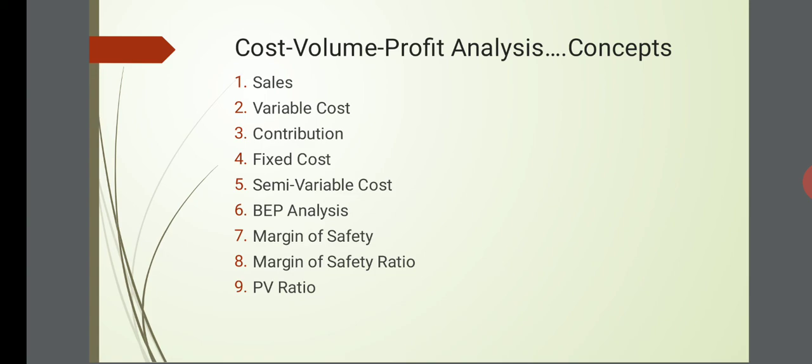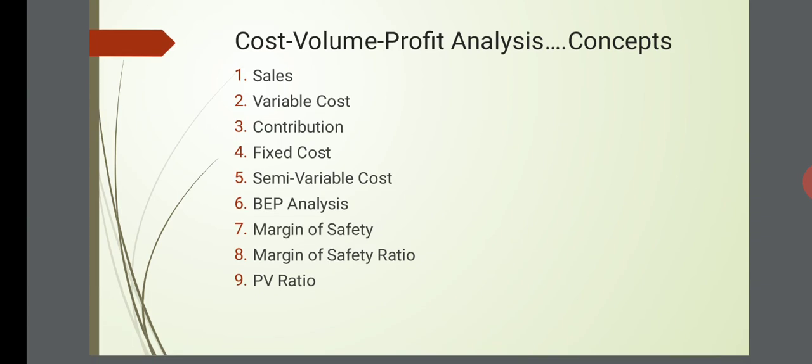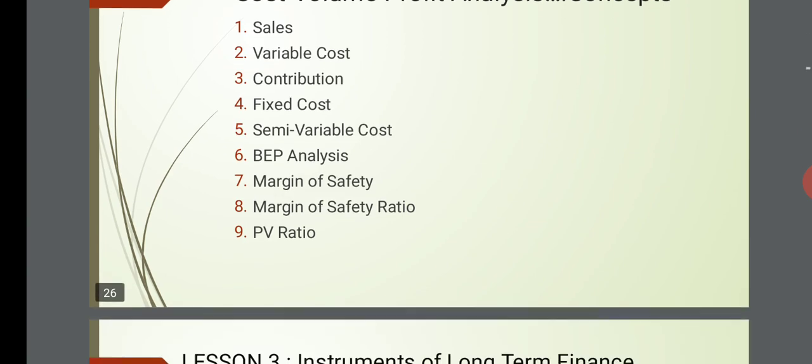So these are 9 very important concepts of cost volume profit analysis. One more very important point is marginal cost. Marginal cost is the cost of making one additional unit. For example, you're making 100 units, and when you start making the 101st unit, the cost of the 101st unit will be the marginal cost.